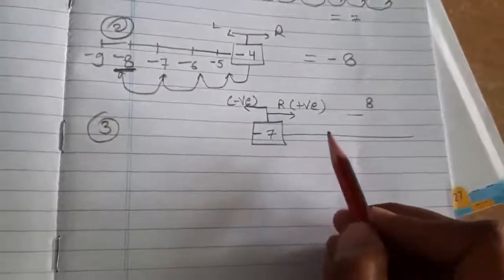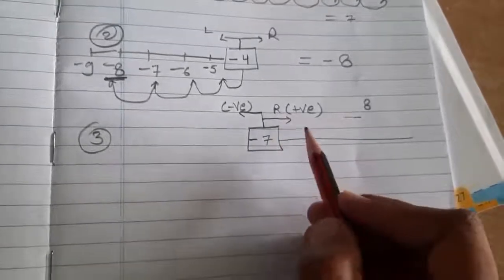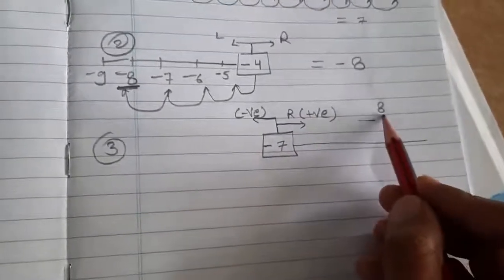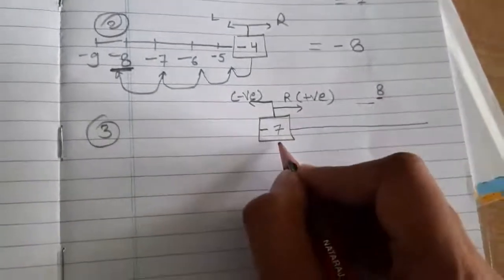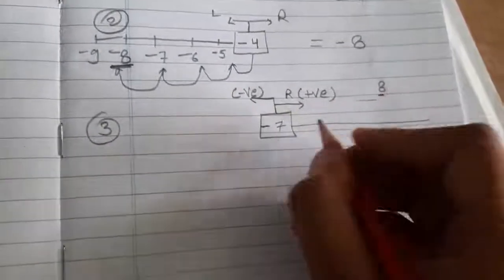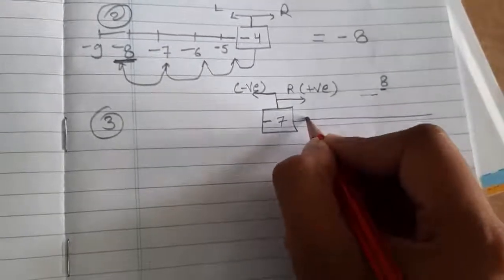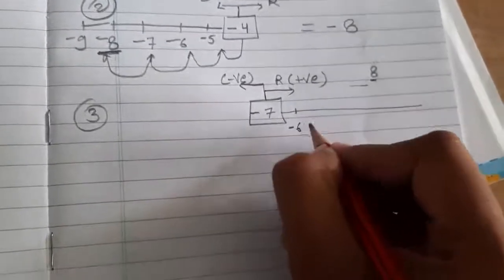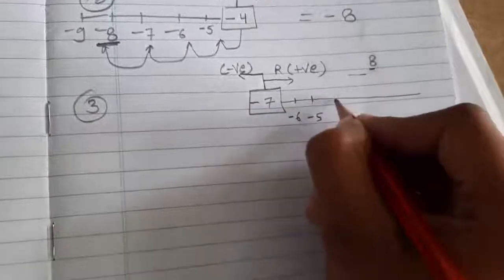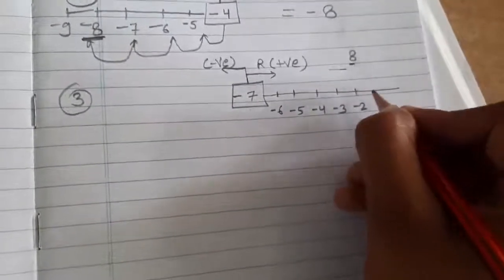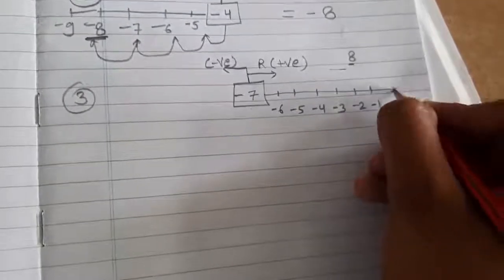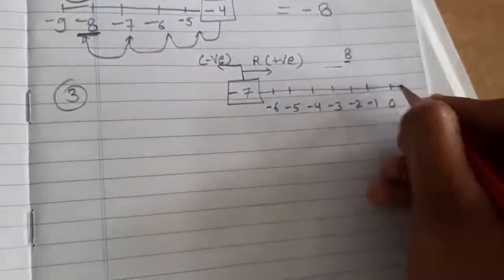First you have to decide your direction. So we decided our direction according to the digit. Now after that, here you have to draw this number line till 8. Minus 7. After that, minus 6, minus 5, minus 4, minus 3, minus 2, minus 1, 0, and here it will continue.